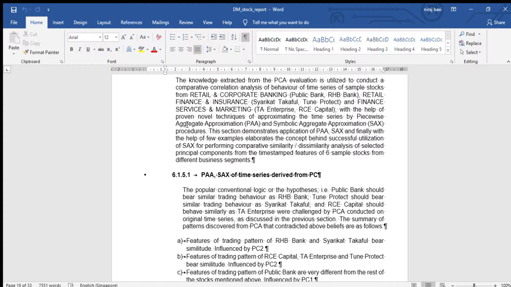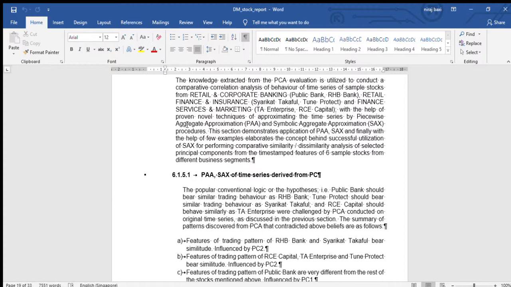Each piece with a particular probability of occurrence is given a symbol like A. If some other piece has a different mean, with a different frequency, it will be given a symbol B. And so you represent the whole piecewise aggregated approximated time series now just in the form of symbols, which have been derived on the basis of the probability of the occurrences in the entire window of n time.